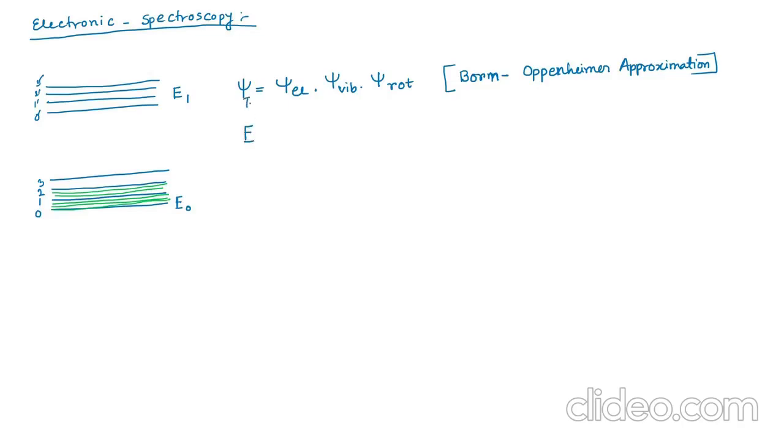And obviously your total energy, so this is your total. You can write it in terms of E electronic plus E vibronic plus E rotational.